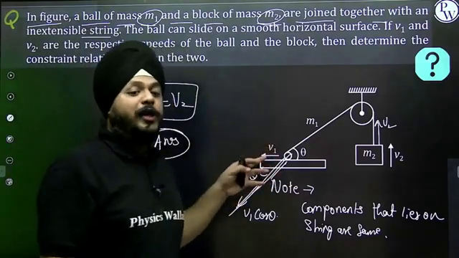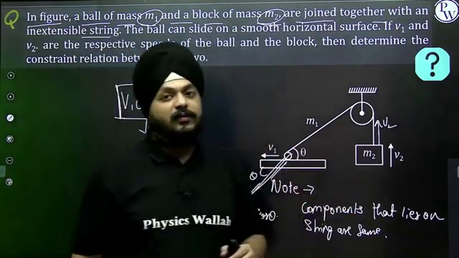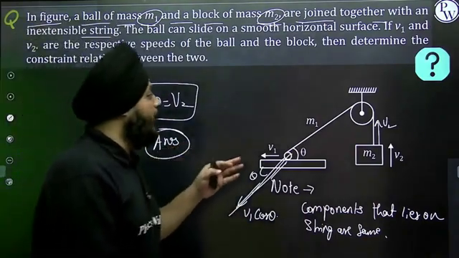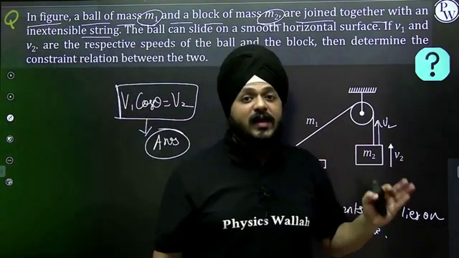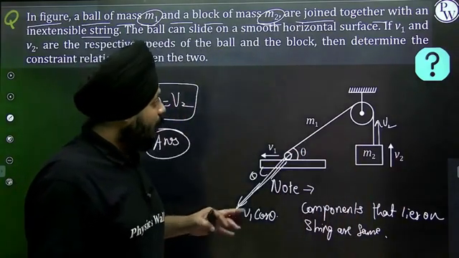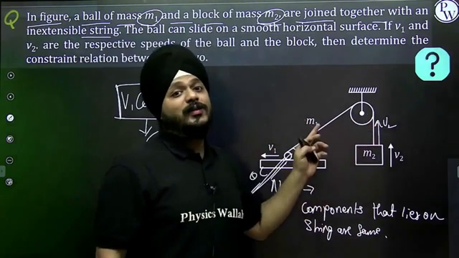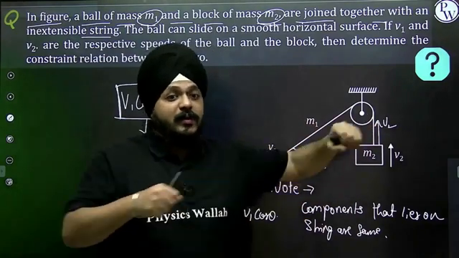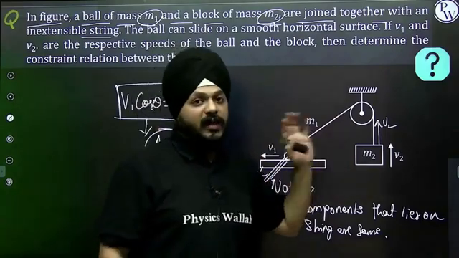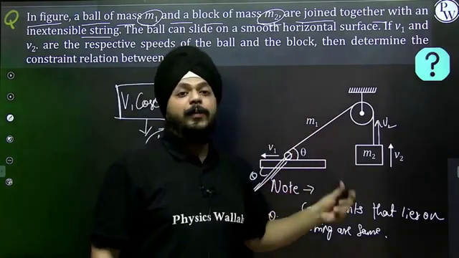One is restricted to move because of another. In this case, the components that lie on the string are equal, as the string is completely taut and both blocks are connected to it. We need to keep this in mind.